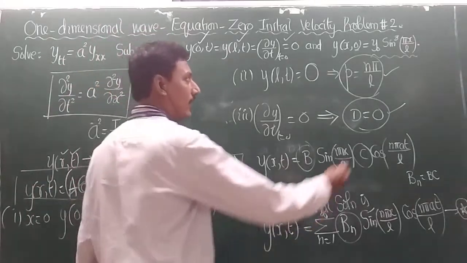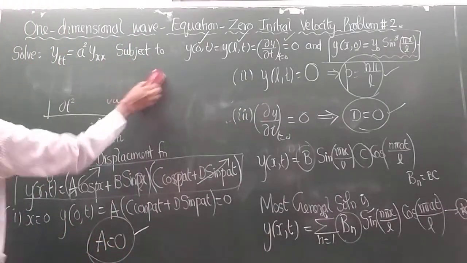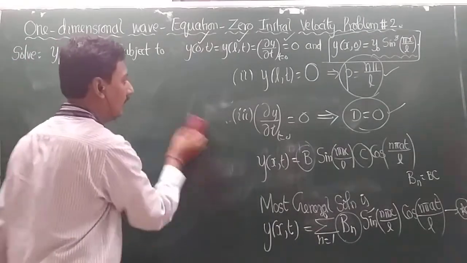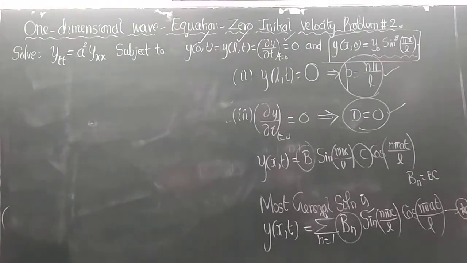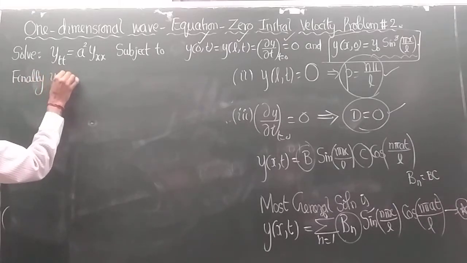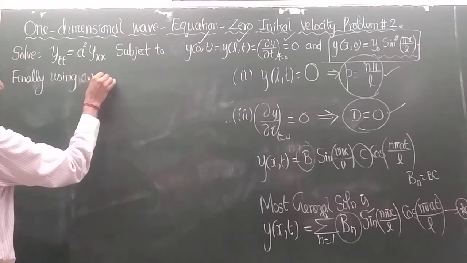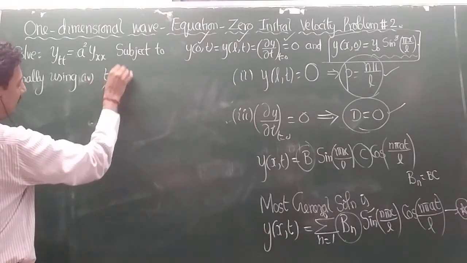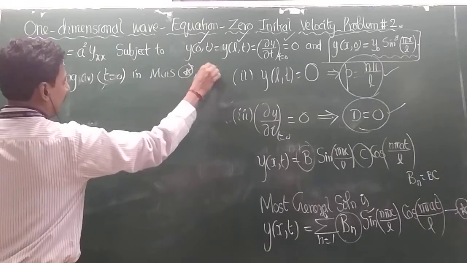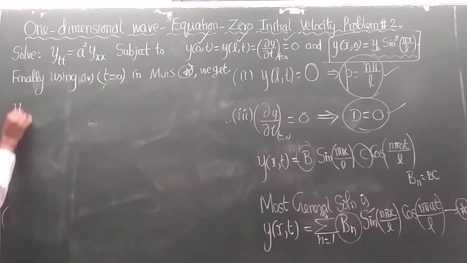Here let us apply the last boundary condition. At the time t equal to 0, what happens? This is equal to y naught sine cube pi x by L. So finally, using the fourth boundary condition, y of x comma 0, that means t equal to 0, in the most general solution equation star, we get the left hand side y of x comma 0.